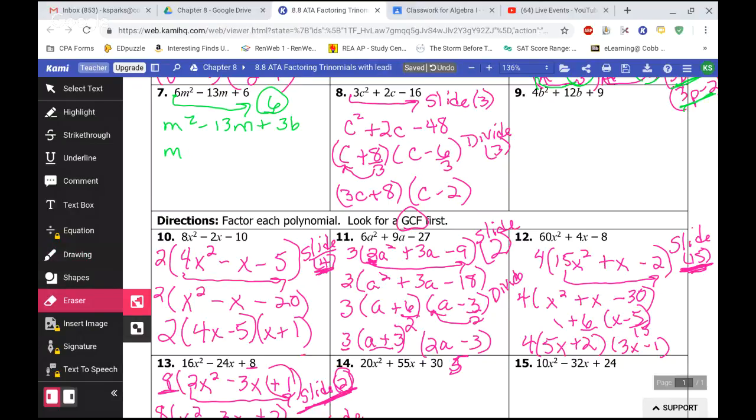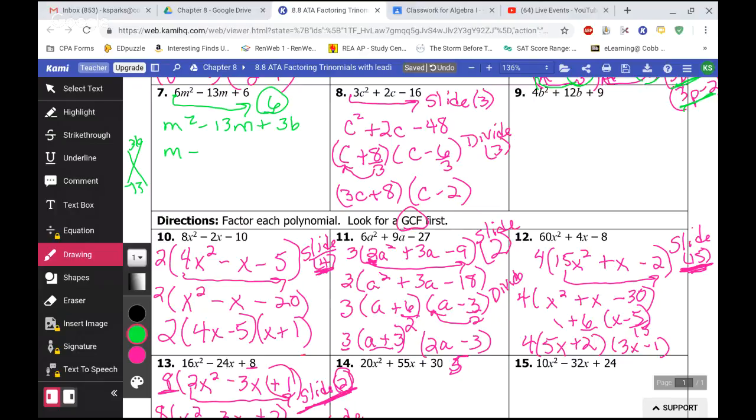So I'm looking for two factors that multiply together to give me a positive 36 but a negative 13 when I add them. That's going to be m minus 9, m minus 4. I'm going to divide them by 6. That's reducible. 3 goes into both of those.